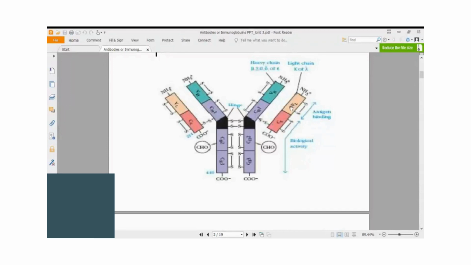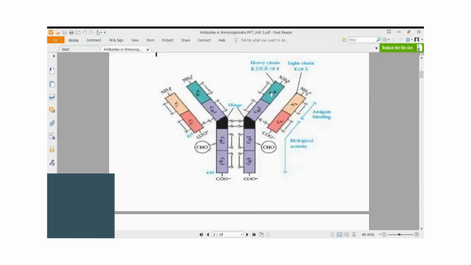Remember that. In meiosis, the recombination is seen in the gametic cells. But these are not gametic cells. This is a strange and special phenomenon where somatic recombination takes place, where the antibody genes show recombination between two segments of the genes, like the CL domain recombining with the VL domain. Same way, the CH domain, constant region domain, recombines with the VH domain.